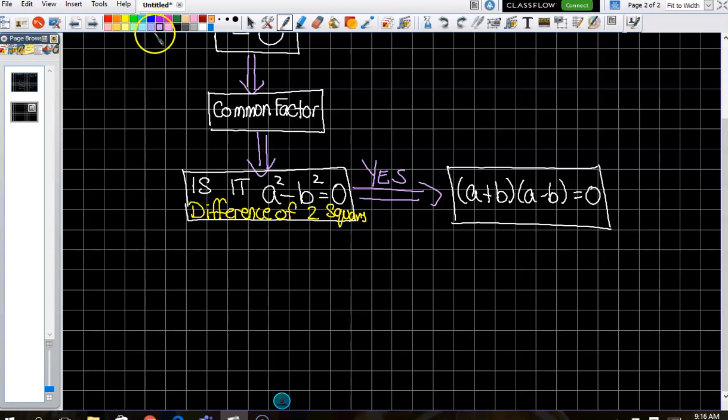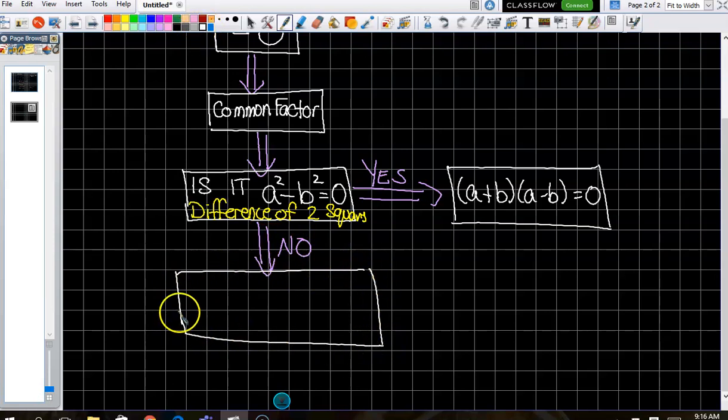If it is not, there's one more type that you have to look for, and I think that's the one that Dylan referenced. Do you know what a perfect square looks like when it's expanded? It would be a squared plus 2ab plus b squared. I have to say, I'm not great at recognizing that one.